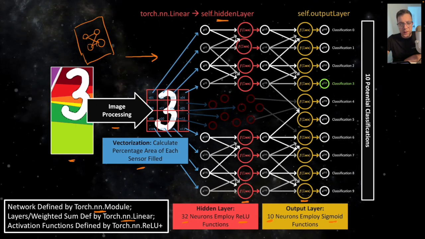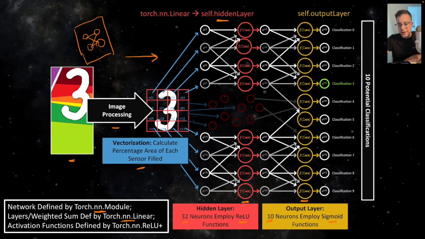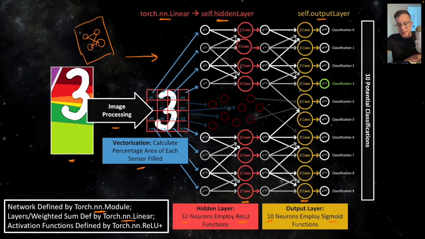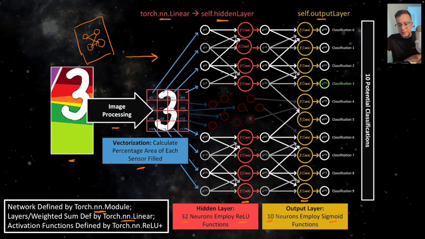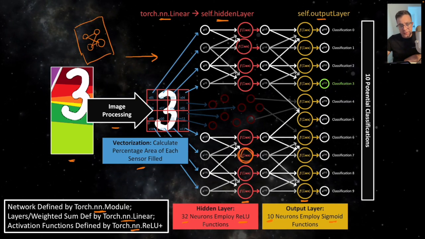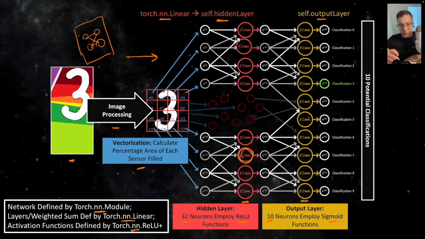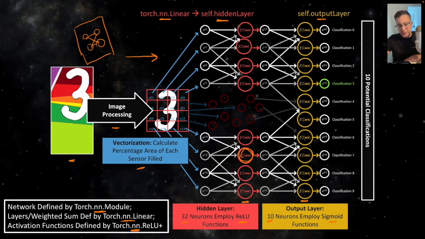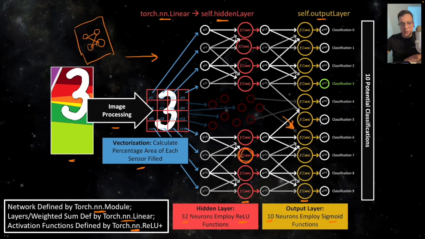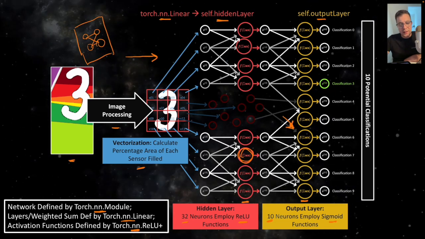So we have defined within our model self.hiddenLayer and self.outputLayer, and both of those are defined in terms of the torch.nn.linear class. Now the activation functions, which I guess are located inside of those neurons, are defined by 2 different classes. For the hidden layer, it would be torch.nn.rectifiedLinearUnit, and for the output layer, we would be using torch.nn.sigmoid.